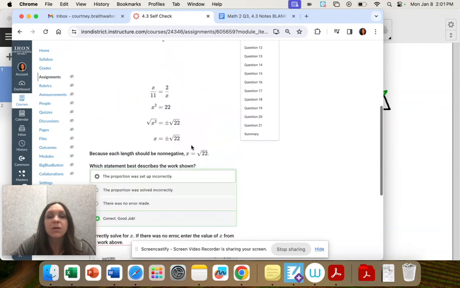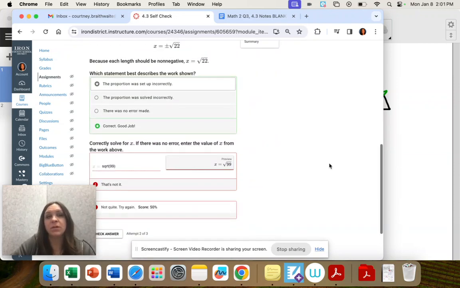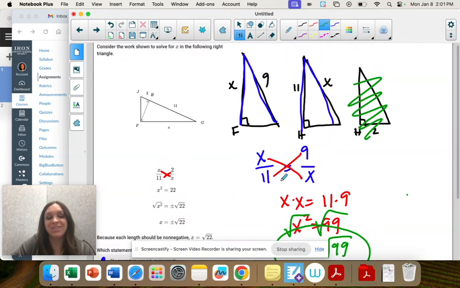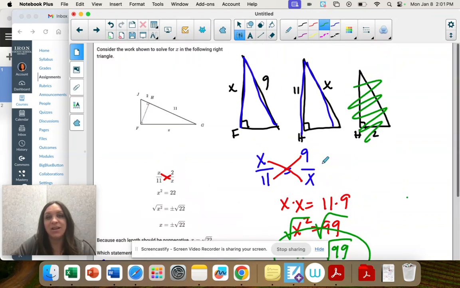I messed up somewhere. Trying to figure out where. 11 times 9 is... I subtracted.